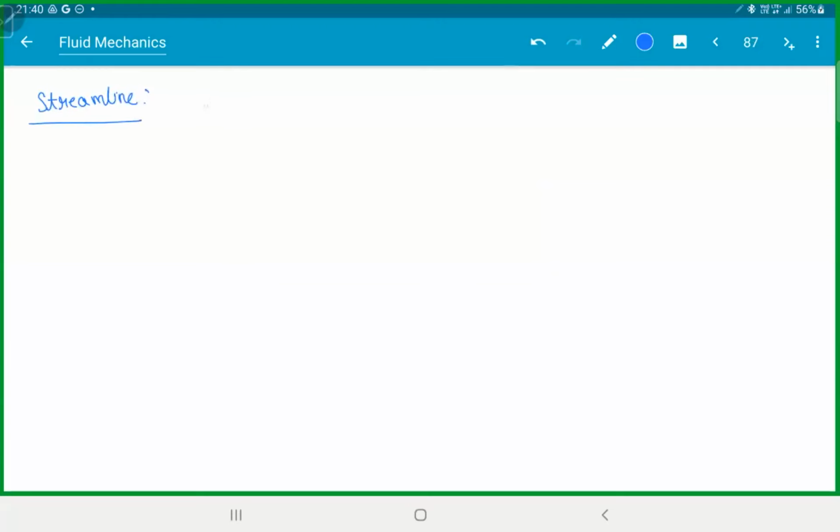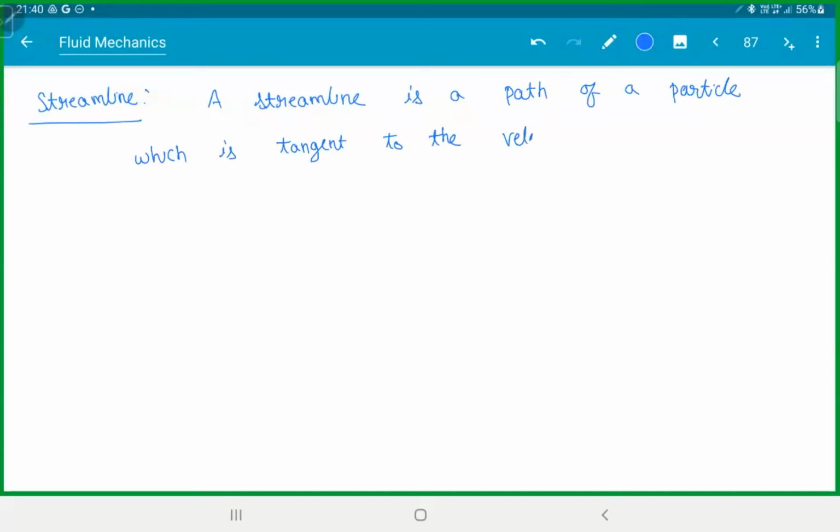A streamline is a path of a particle which is tangent to the velocity vector of the particle at that instant.